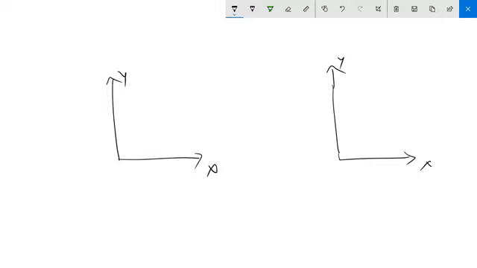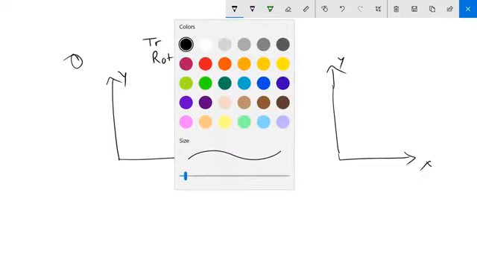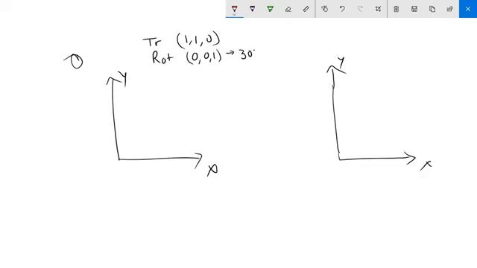In the first coordinate system, I will translate to the point 1, 1, 0, and then I'll rotate along 0, 0, 1, the positive z-axis, by 30 degrees. Let's carry out these operations. First, translating to the point 1, 1, it will be somewhere here.